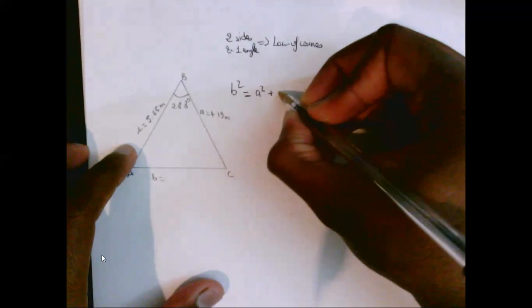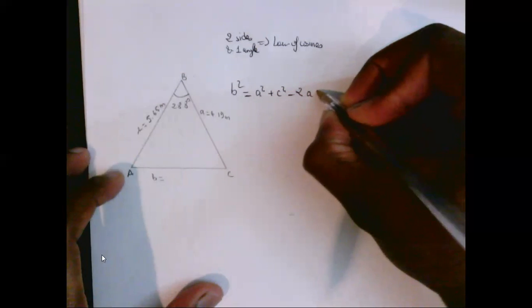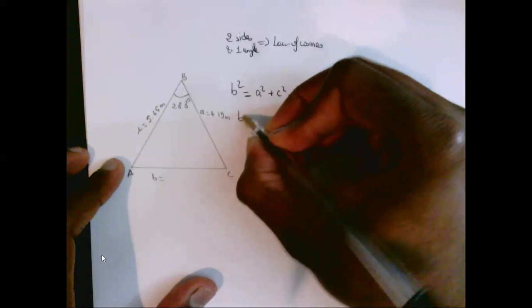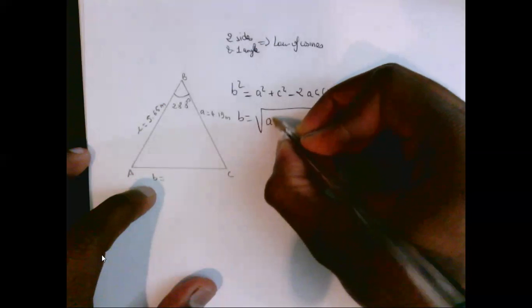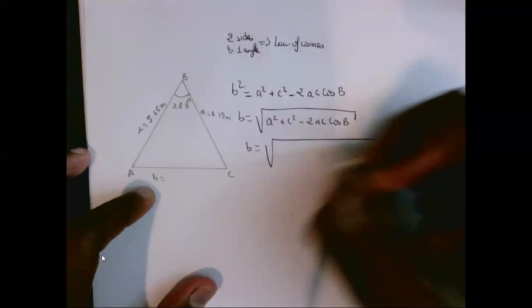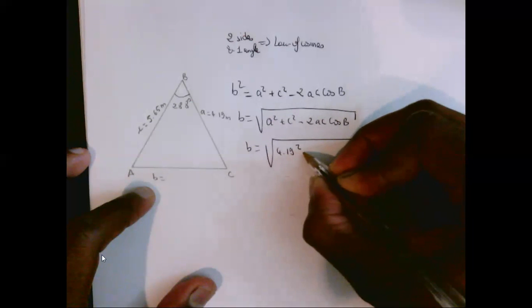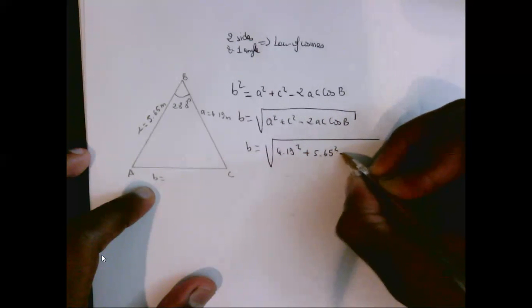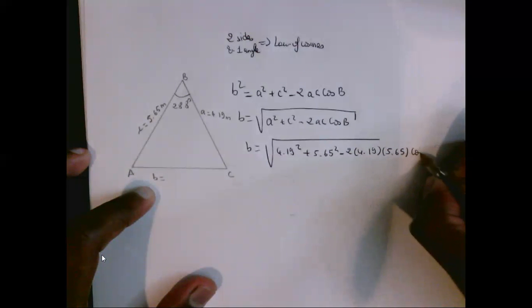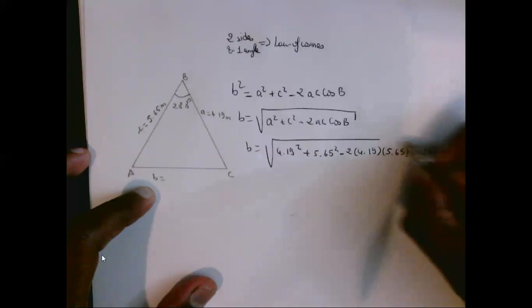In other words, b square is equal to a square plus c square minus 2ac cosine of the angle B. We're looking for the length of b, so b will be equal to the square root of 4.19 square plus 5.65 square minus 2 times 4.19 times 5.65 cosine of 28.8 degrees.